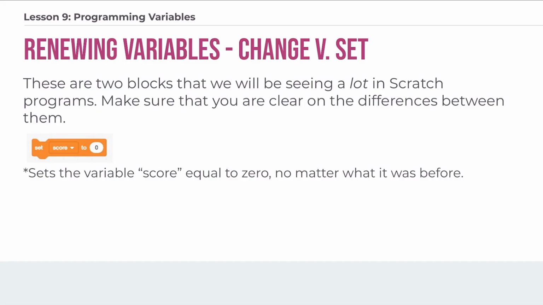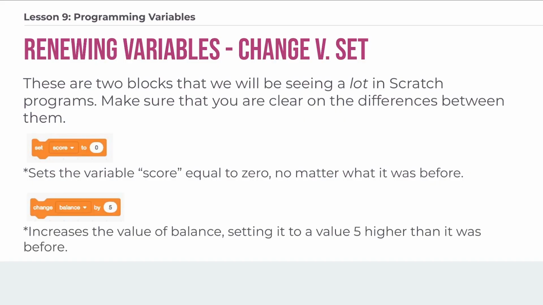So setting the variable is important, but we can also change the variable. And remember, when we talked about the motion blocks changing the X and Y coordinate, changing the direction by turning 15 degrees, it doesn't matter what the variable is set to at that particular moment.